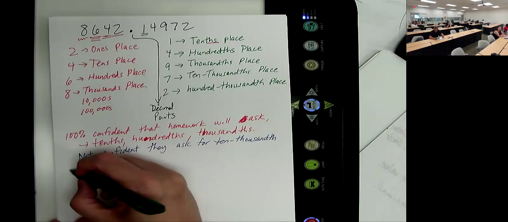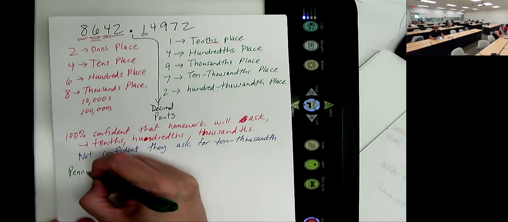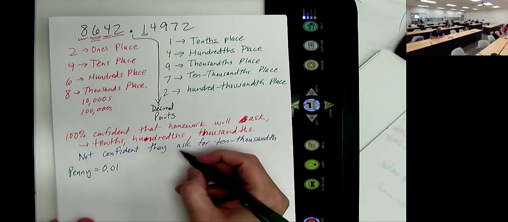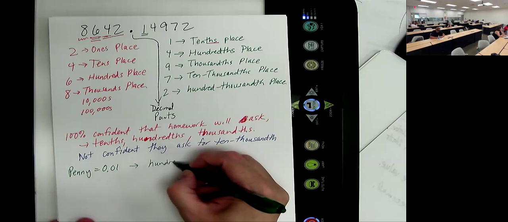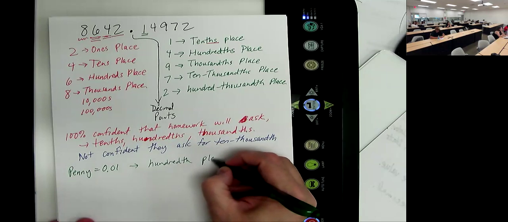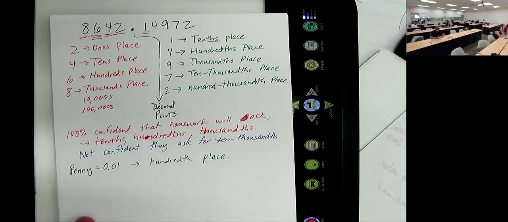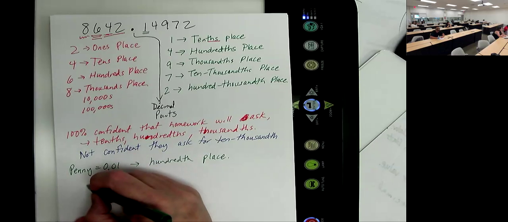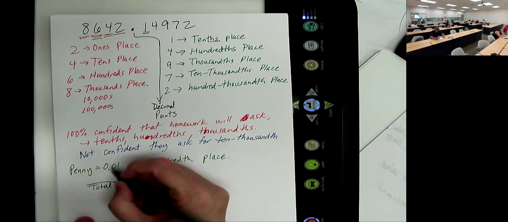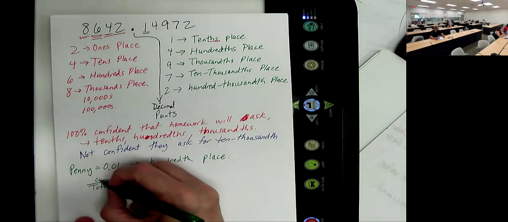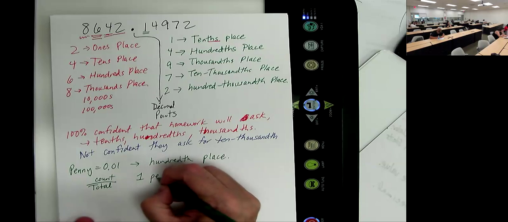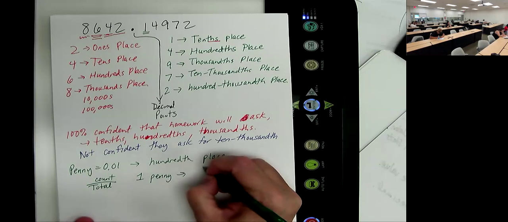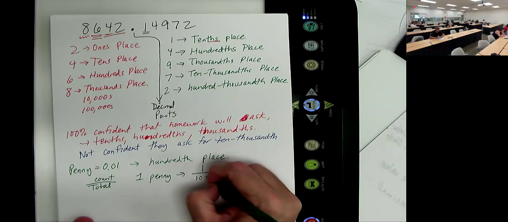A penny is 0.01, which is the hundredths place. But if we write a dollar bill as a fraction, where we do the total pennies on the bottom and the count on top, a single penny out of a dollar is 1 out of 100.